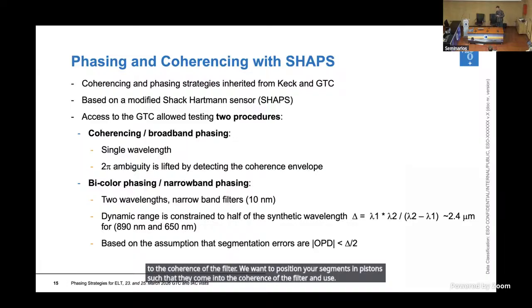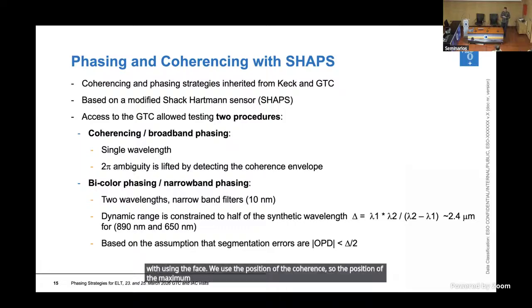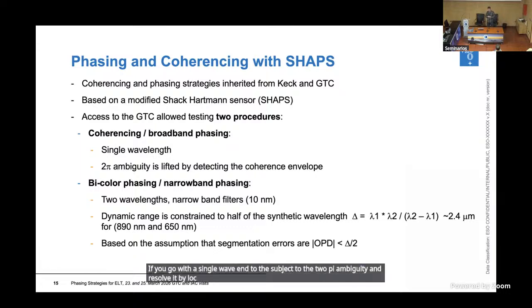The phase is at that step not actually important, but when we do broadband phasing using the phase, we use the position of the coherence, so the position of the maximum contrast, in order to solve the 2-pi ambiguity, because broadband phasing only uses 1 wavelength. If you go with a single wavelength, of course, you're subject to the 2-pi ambiguity, and we solve it by locating the white fringe.